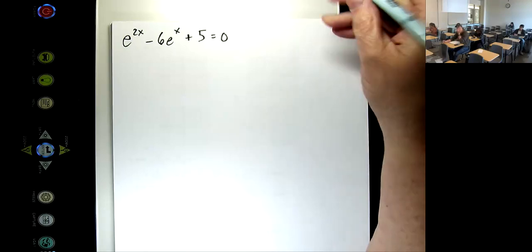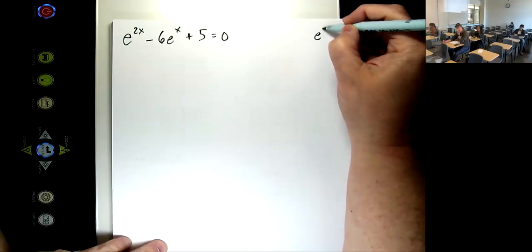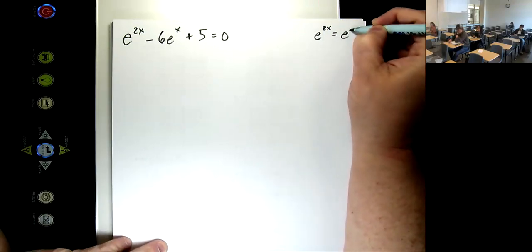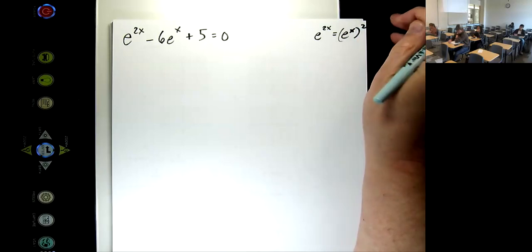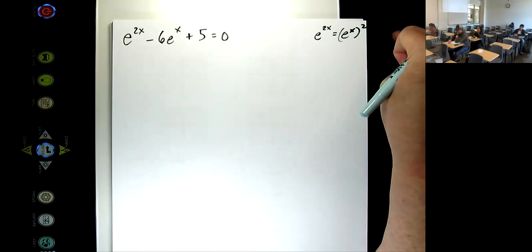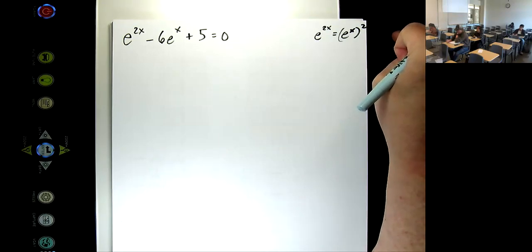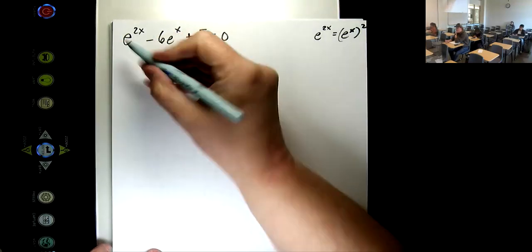It's important to recognize that e to the 2x is the same thing as e to the x, squared. So I'm going to rewrite that as that.